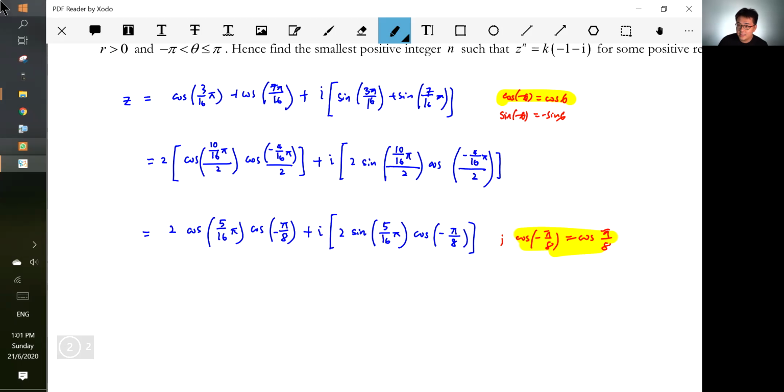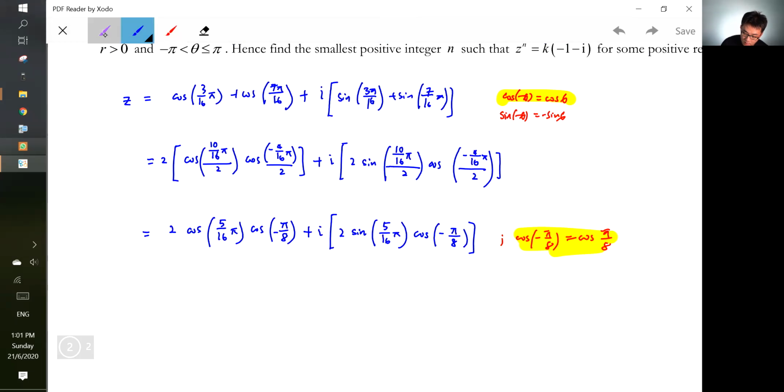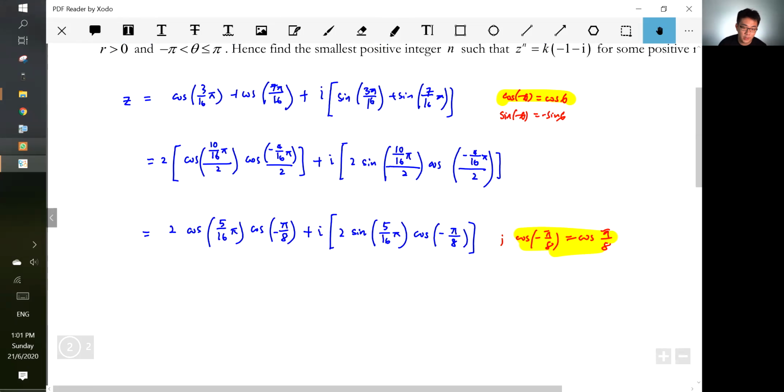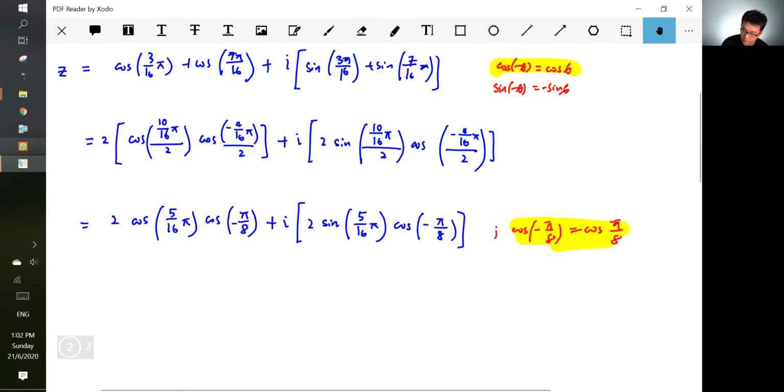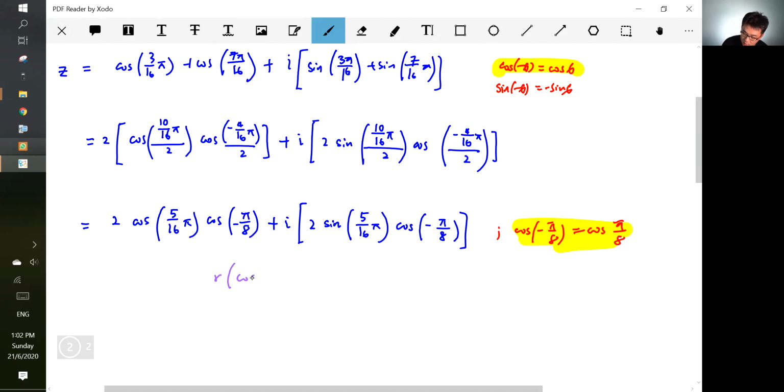Now, next, what do you do? I think it's quite straightforward already. So you need to separate and see how you express this in the trigonometric form. The trigonometric form is r times cosine theta plus i sine theta equals z.